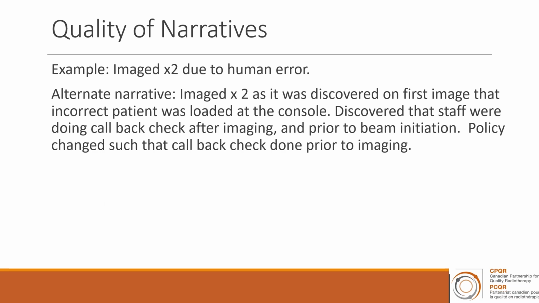Another example, we take it a step further. Image times 2, as it was discovered on the first image that the incorrect patient was loaded at the console. Discovered that staff were doing callback checks after imaging and prior to the beam initiation. Policy was changed such that the callback check was done prior to imaging.